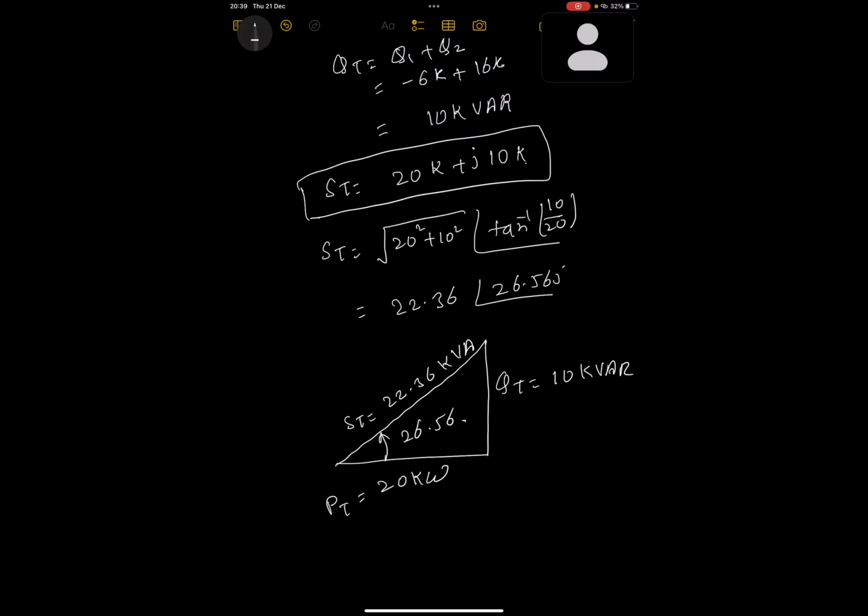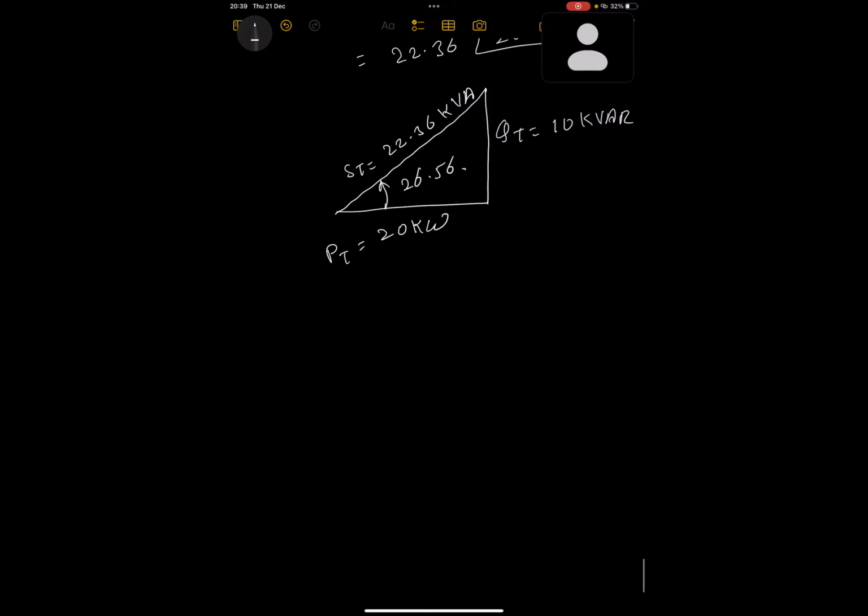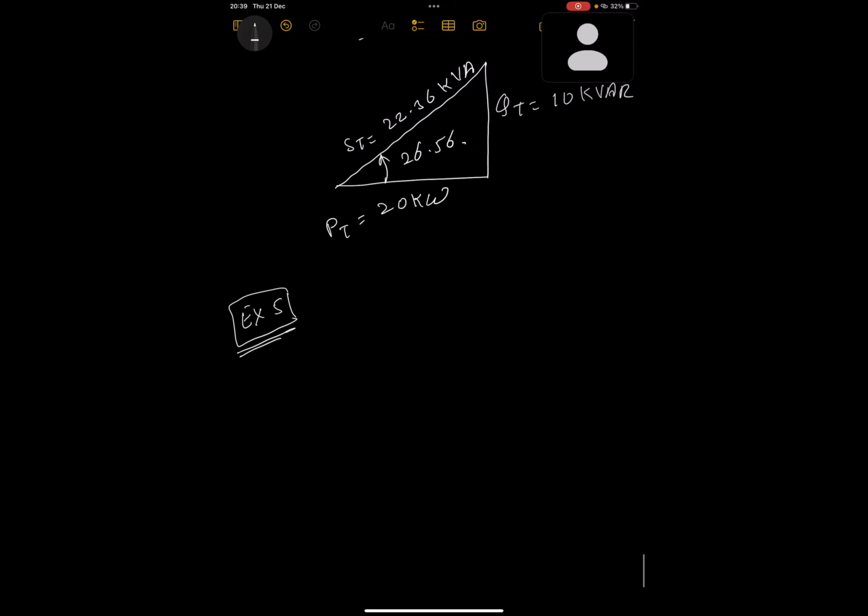This is your example number 5. Okay, now go for the next example. A resistive load is given. This one is the very simplest one. Question: a voltage source is given, VT, that is 100 volt RMS value.